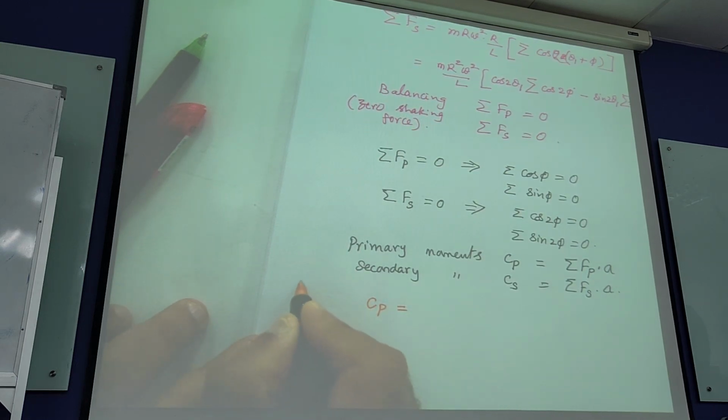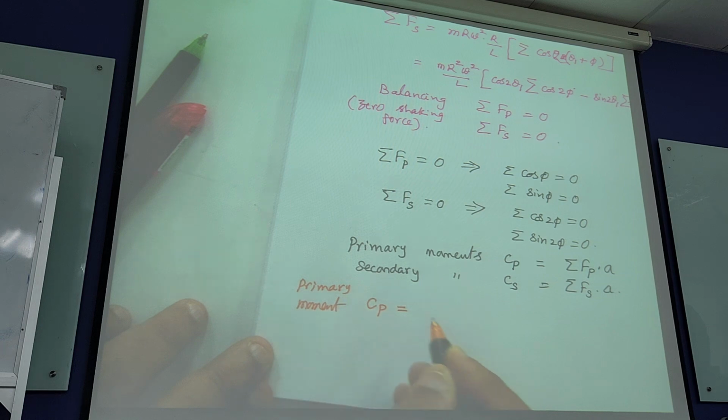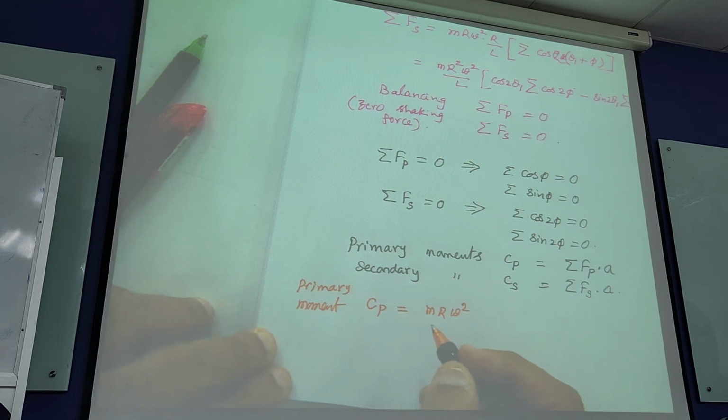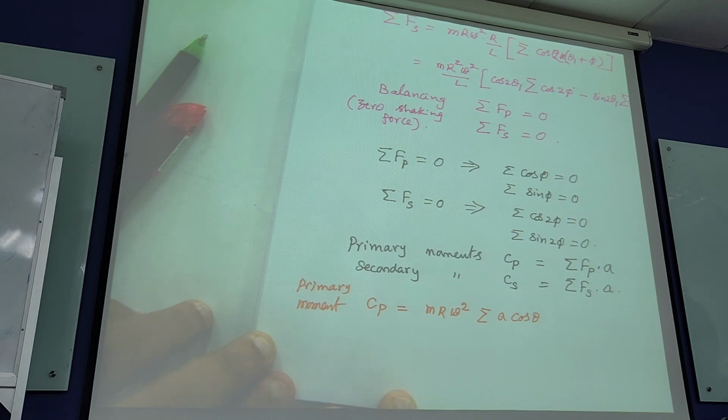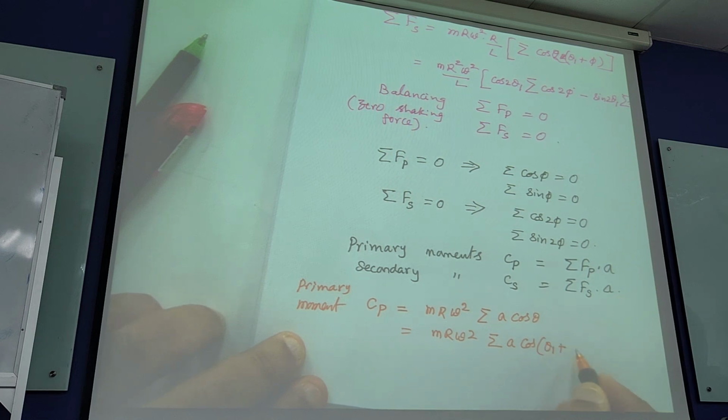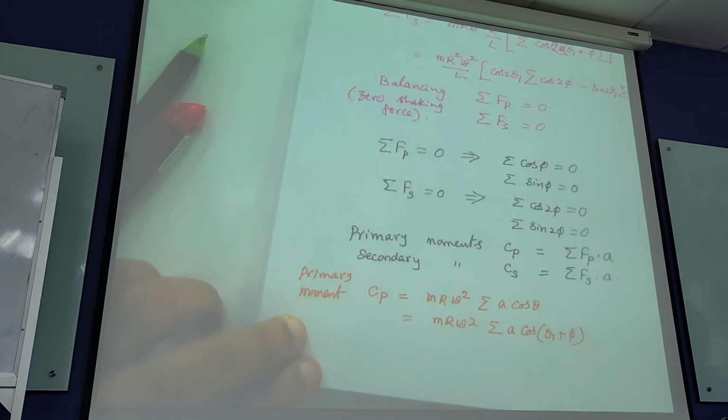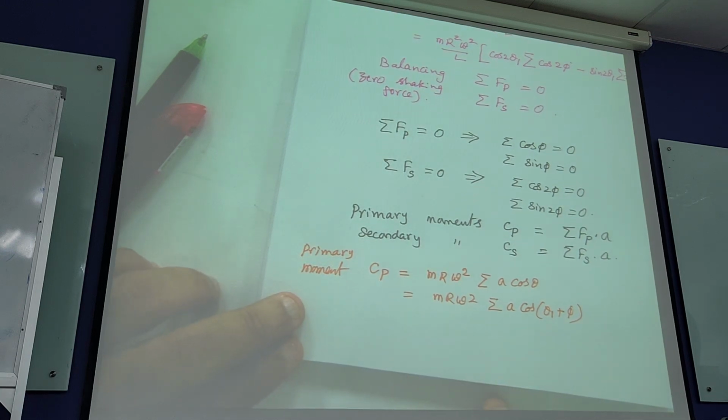Cp is the primary moment, so we can write m r omega square sigma A cos theta, where theta is theta 1 plus phi.